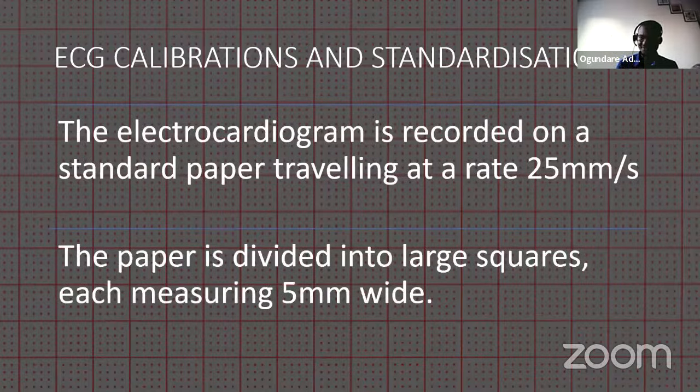So if it takes 1 second to travel 25 millimeter, and 25 millimeter is 5 large boxes, then it's going to take 0.2 seconds to travel 1 large box. You just divide it by 5, and that's going to be 0.2 seconds. So thank you once again. Put that down as part of the calibration for ECG.